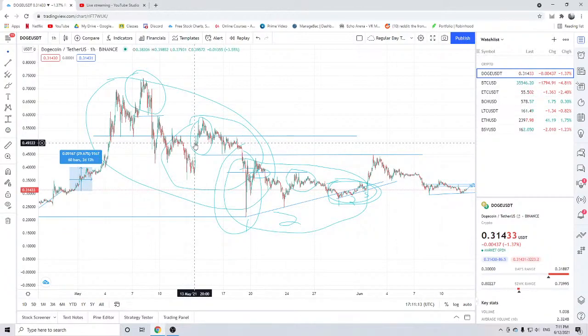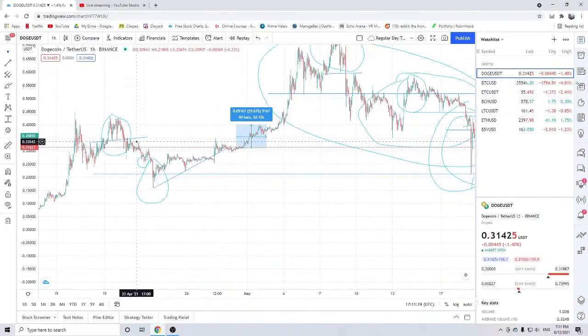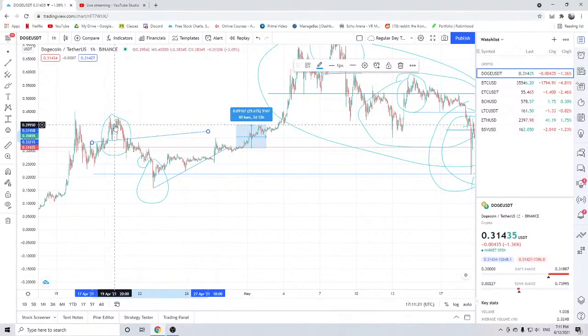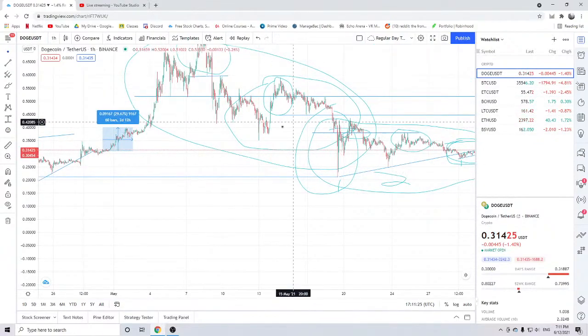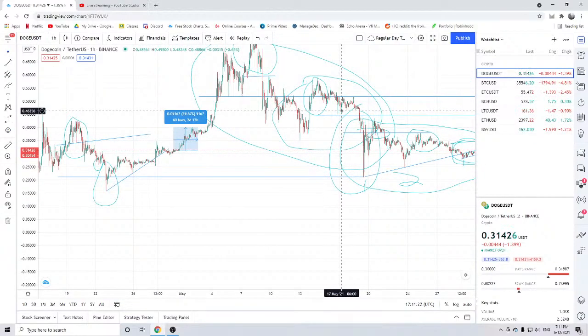It's going to take a little bit longer, but I'm pretty sure this is following the same pattern. It did right here, just going down, except it's way faster and way less volatility. But then it kind of stopped at a point.